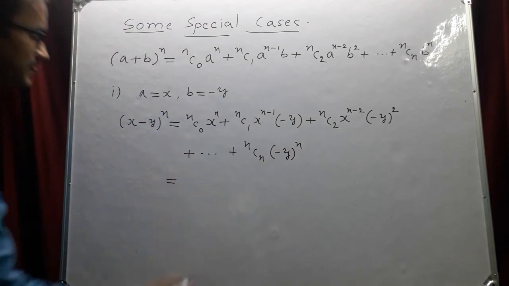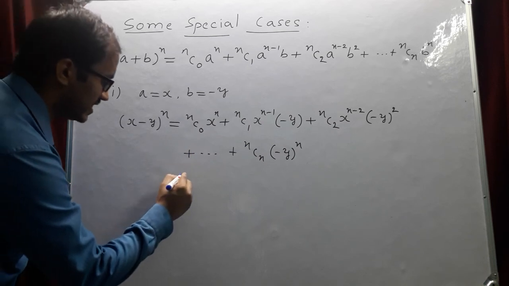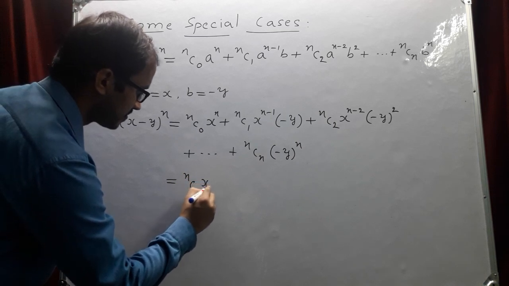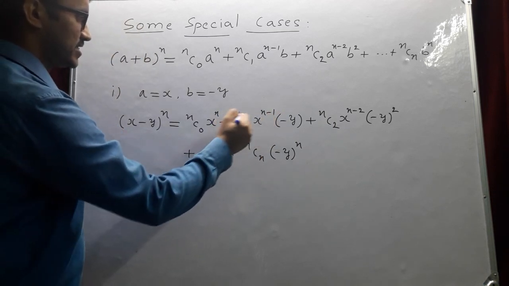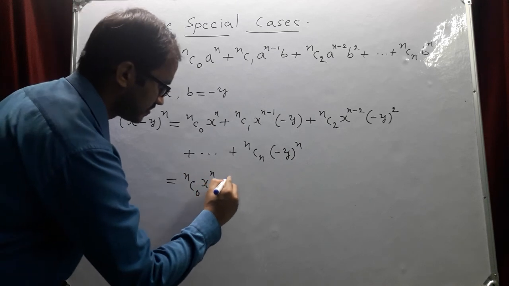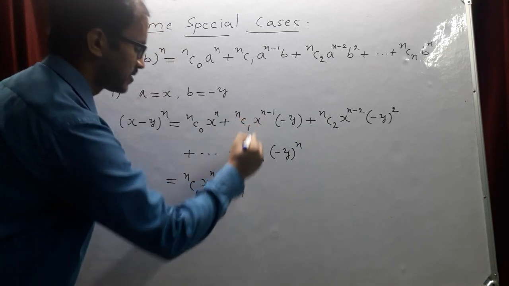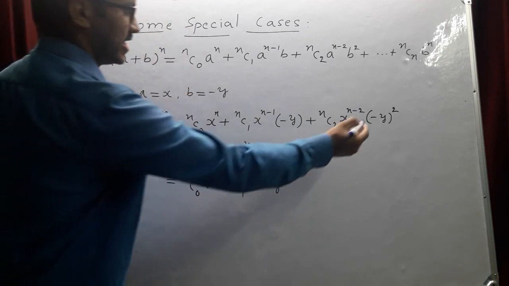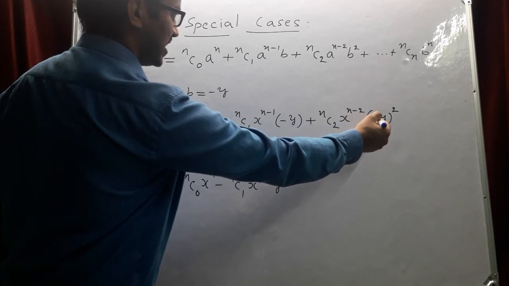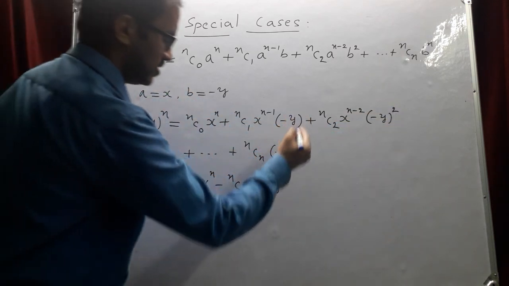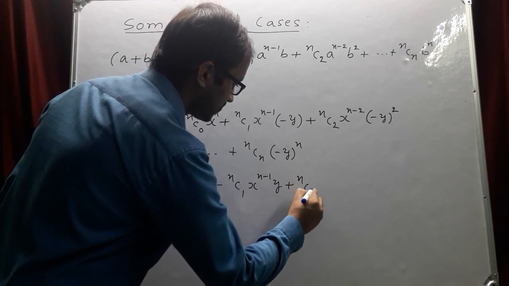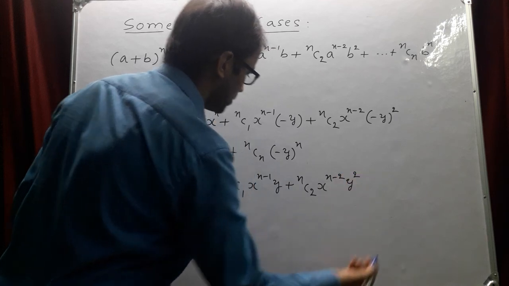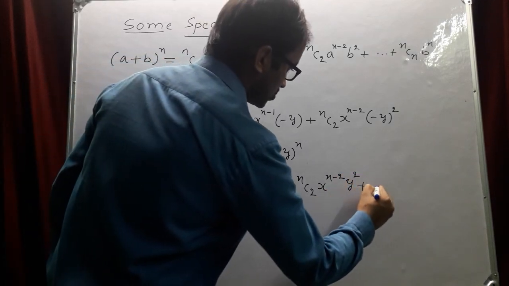If we simplify, what do we get here? nC0 x power n. Here plus into minus becomes minus nC1 x power n minus 1 y. Here minus y whole square: minus square becomes plus, so plus nC2 x power n minus 2 y square, and so on.